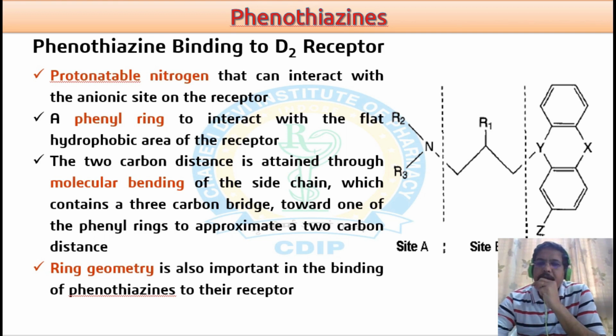The phenothiazine pattern of binding is categorically divided into 3 zones.